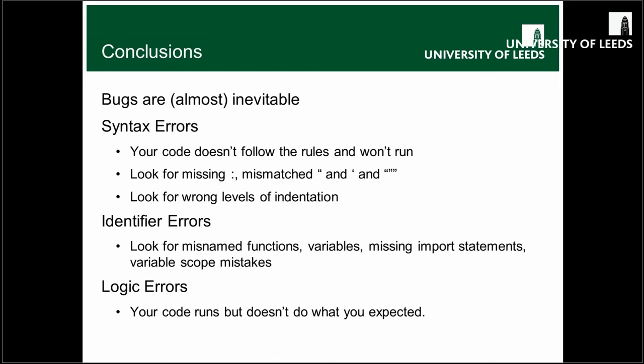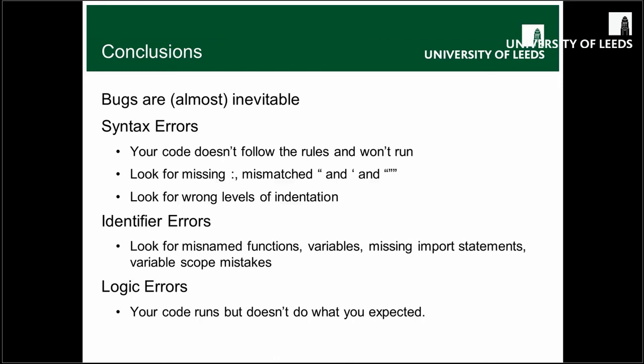It's very easy to do that when you're moving lines in and out of indentation levels to accidentally end up one space out. There's then the whole class of identifier errors. So once you've checked for things like misnamed functions and variables and missing import statements, the other thing you can get is what I call variable scope mistakes. This is something I talk about in the functions videos. When you're using a variable inside a function, you need to make certain you know exactly where that variable is coming from.